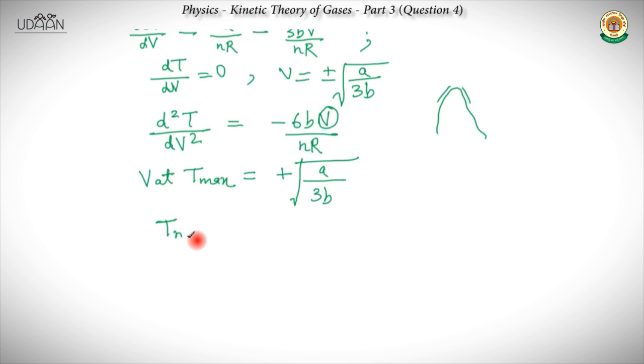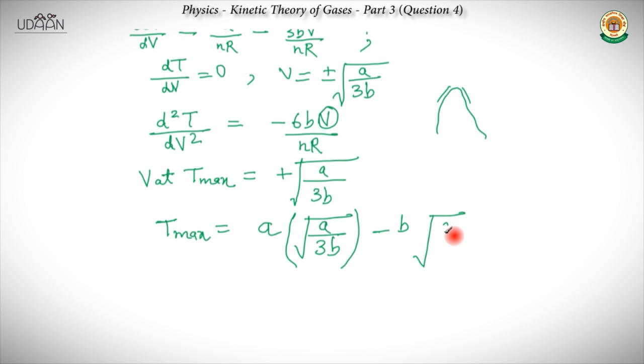If we substitute into the function of T, we have Tmax equals A into V, which is root over A by 3B, minus B into V cube, which will be root over A by 3B whole cube.